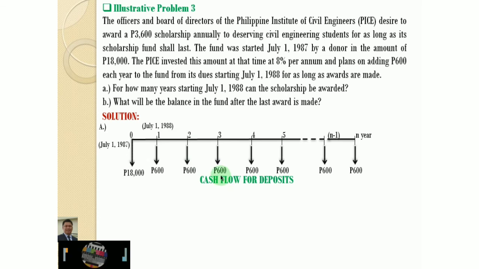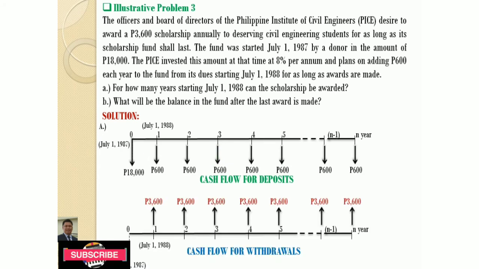Okay, so this is now a simple cash flow for our deposits actually. And proceeding, this is also now the cash flow for withdrawals, because of this 3,600 pesos, because according to this one, the PICE desired to award a 3,600 pesos scholarship annually to deserving civil engineering students, meaning this is just a cash outflow on the side of the PICE organization.